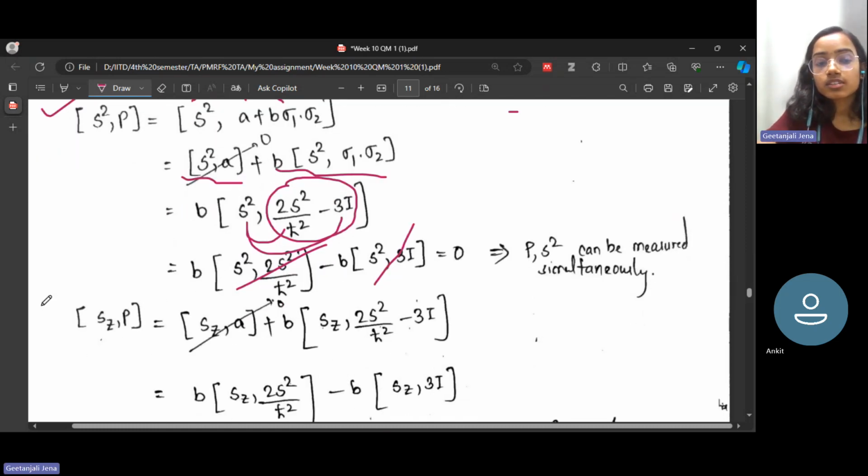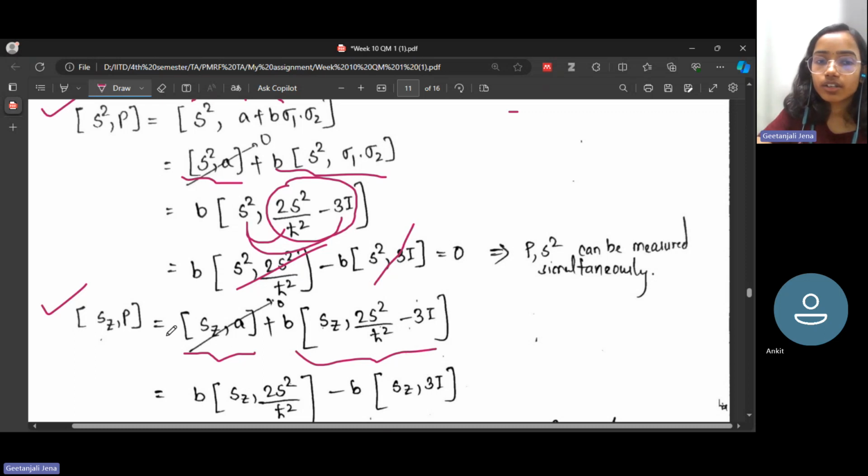Now for the second commutation relation, that is the commutation relation of P with Sz, you just use equation 2, the expression for P, and you will see a term like Sz commutation relation with A, and a term like Sz commutation relation with 2S square by h cut square minus 3I.